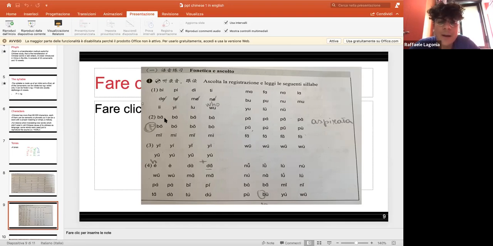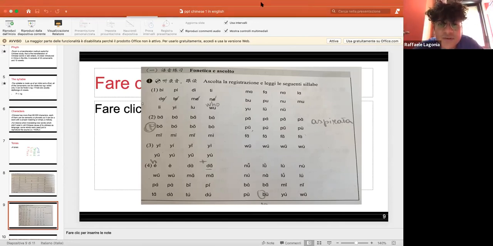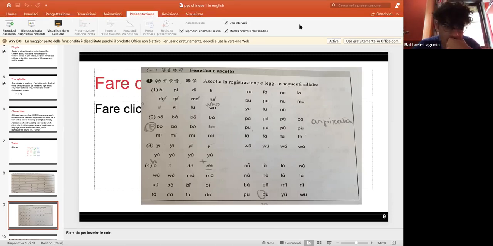Pa, pa. Okay, this is the difficult part because we have tones. So I have pa, pa, pa, pa. Okay, Christine, can you hear the differences between these tones? Oh, this is useful. Yes.